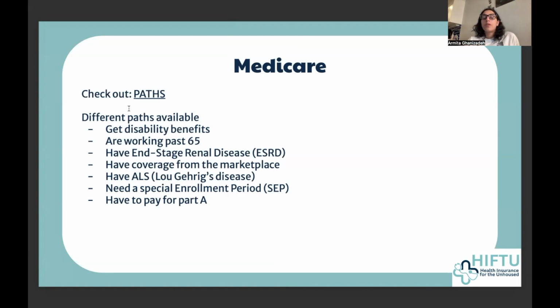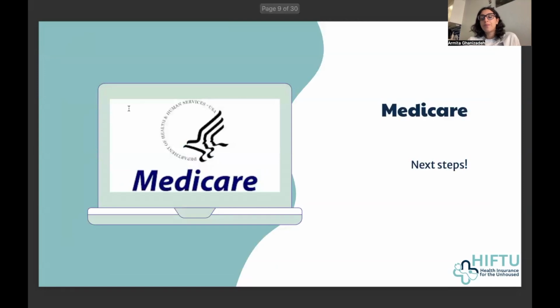But if you do miss out on those things, you can still apply for Medicare different ways. So I would again check out the links to get more information on those, but I will go through them in a bit.